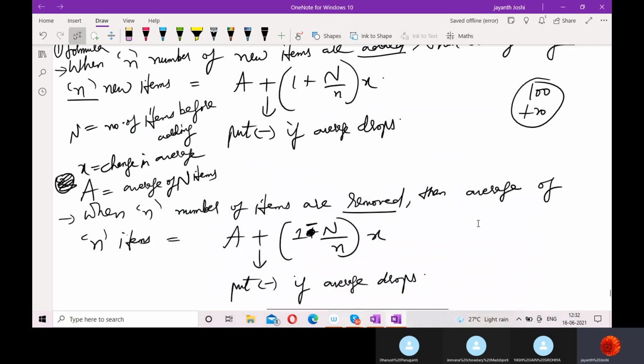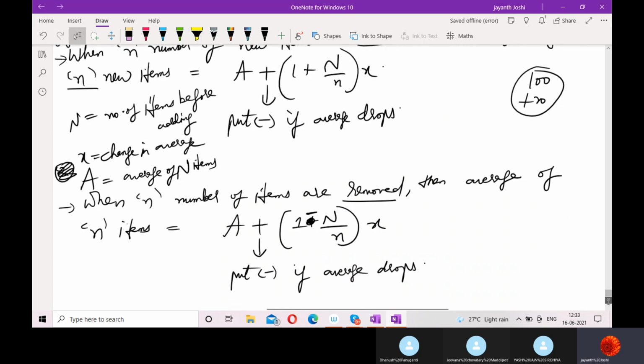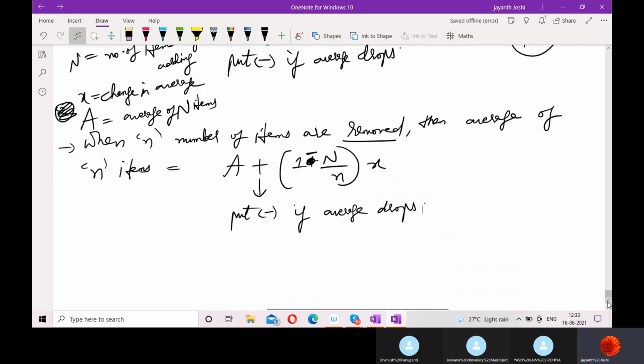Yes, let's move forward. See, there is a note here: put n is equal to 1.